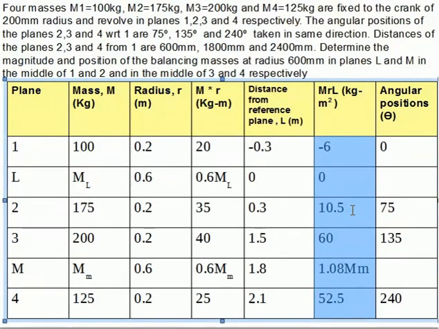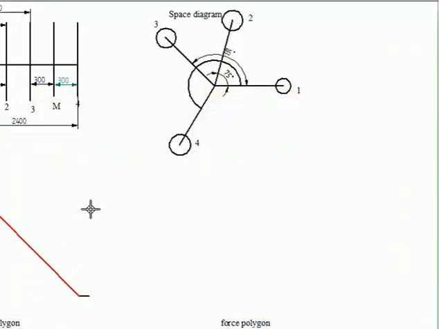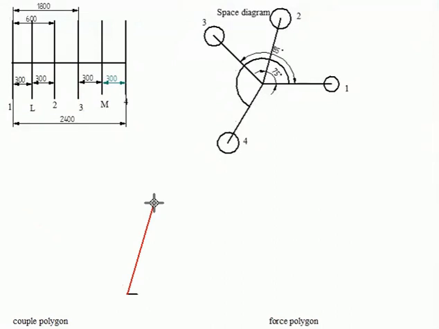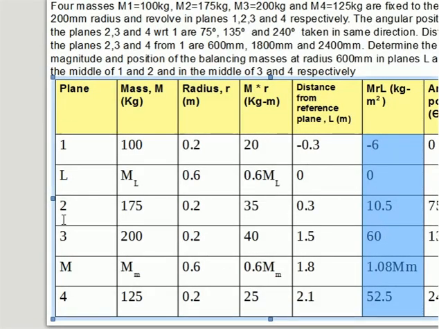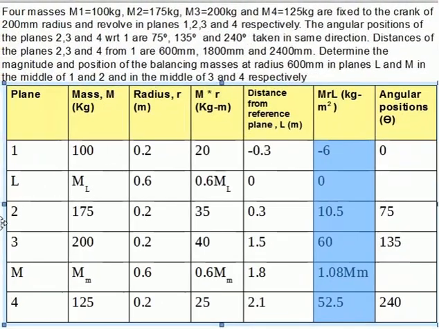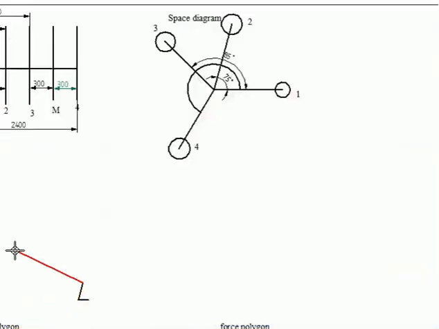The length of the third line will be 10.5, inclined at 75 degree. Then the next line, length will be 60, inclined at 135 degree.